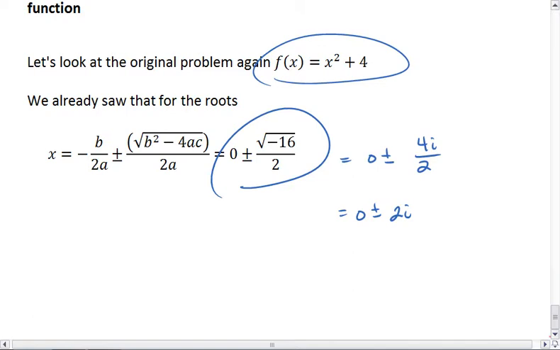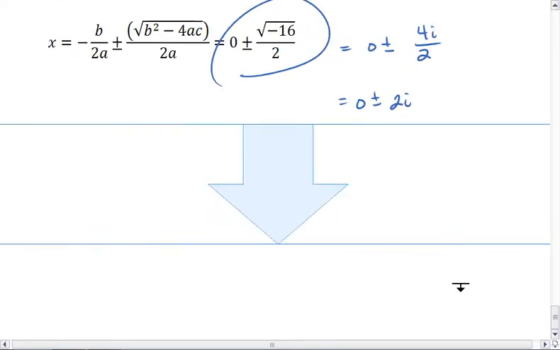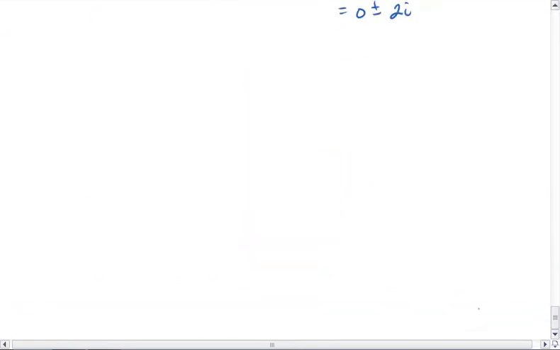Let's clear some space at the bottom. Here we have f of x equals negative 2x squared plus 2x minus 5.